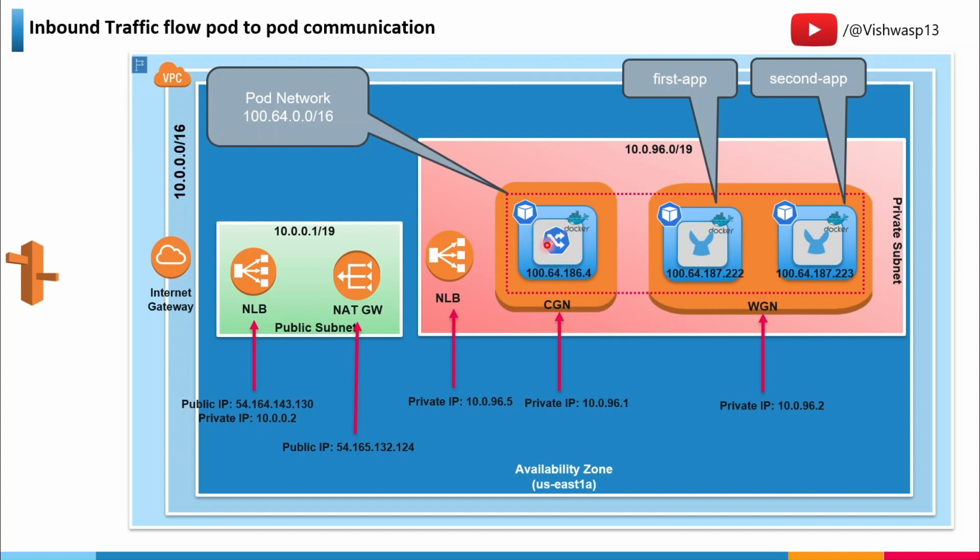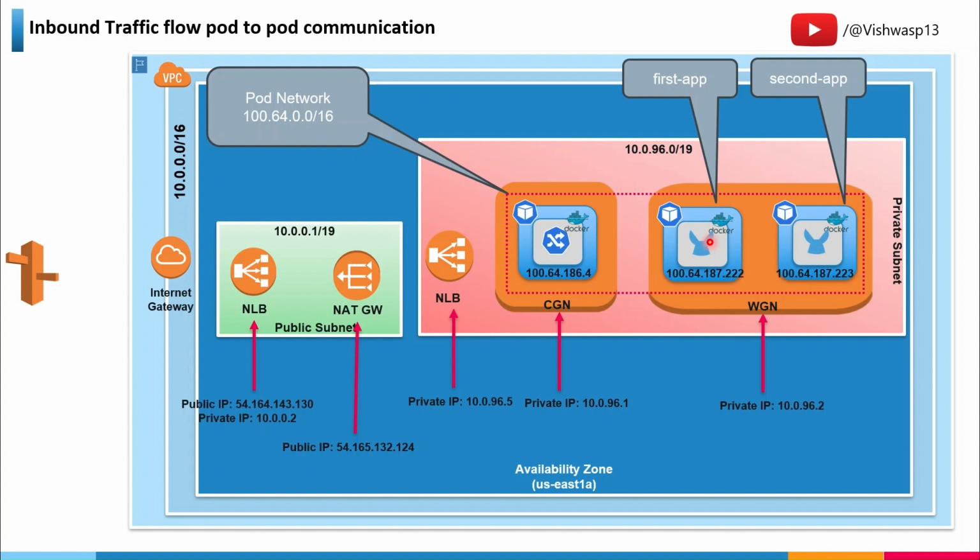Since this pod is in the control group node and it's an ingress pod, it has an ingress or Mule edge gateway deployed to Docker. Similarly, the Mule pods have a Docker container and the Docker container has Mule runtime on which the Mule application gets deployed.